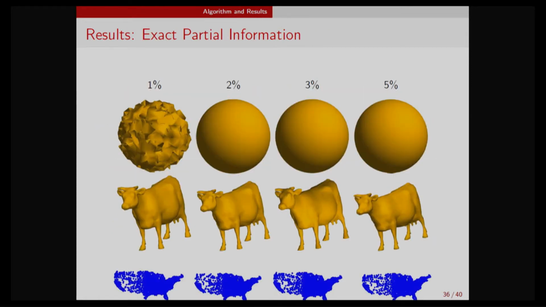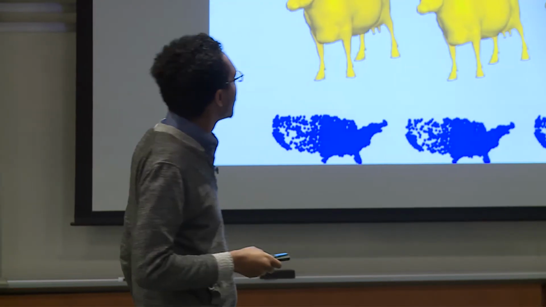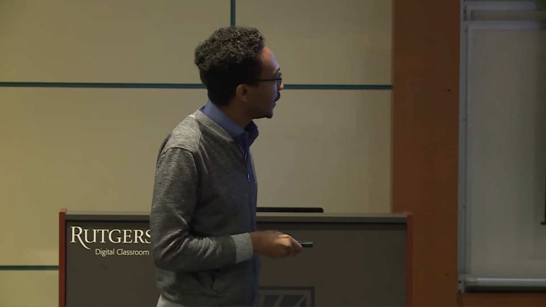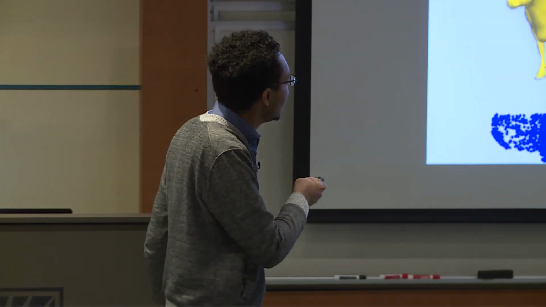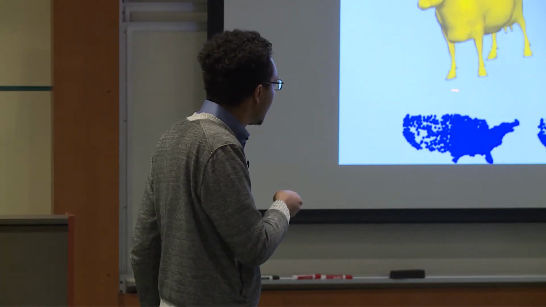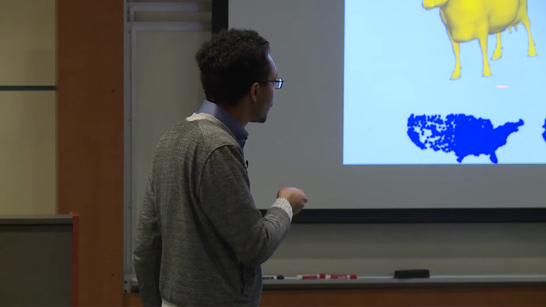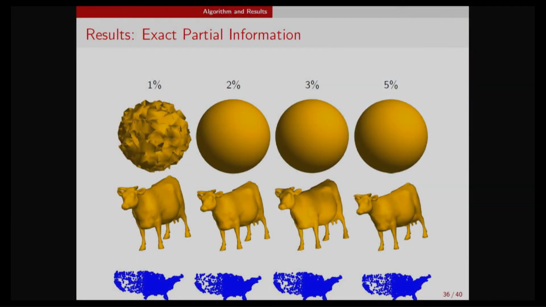Okay? So now let me show some of the results. Let me first describe the setup of the numerical experiment. I have a sphere, I have a cow, and I have a number of cities in the US. What I'm given is that I'm sampling from the distance matrix uniformly at random: 1%, 2%, 3%, and 5%.